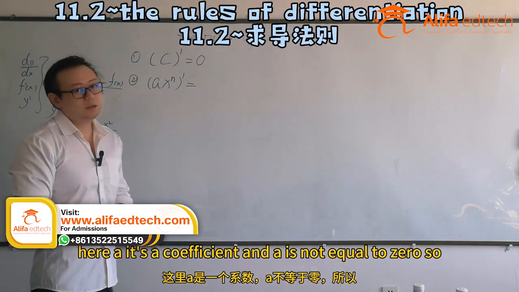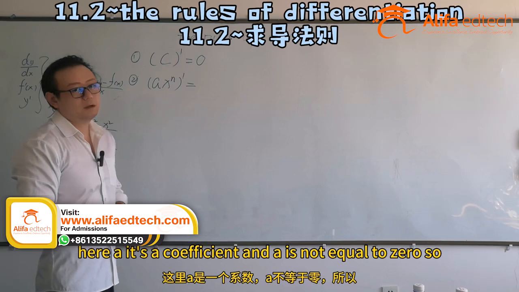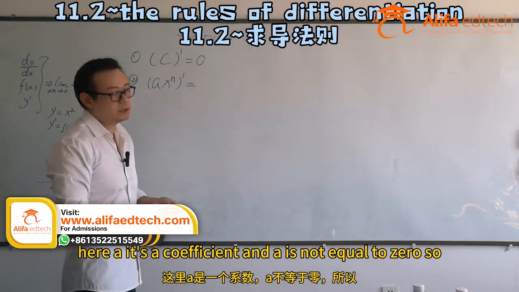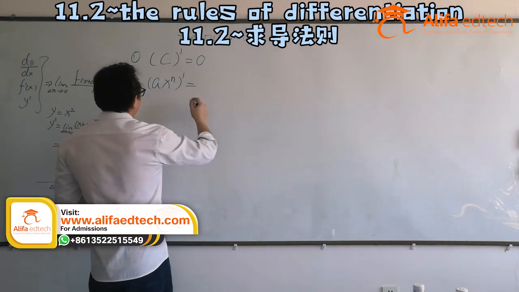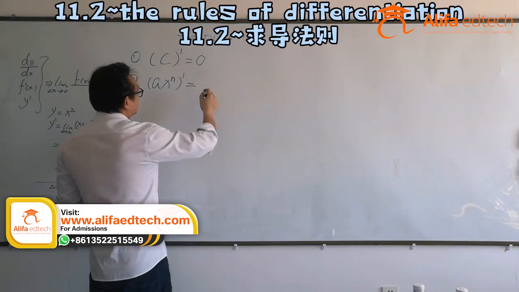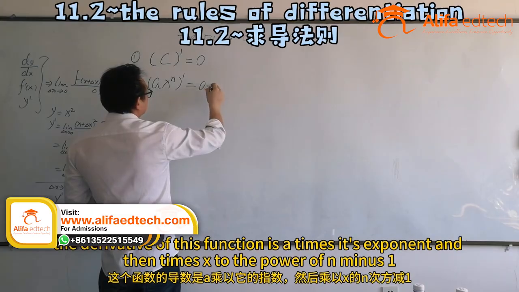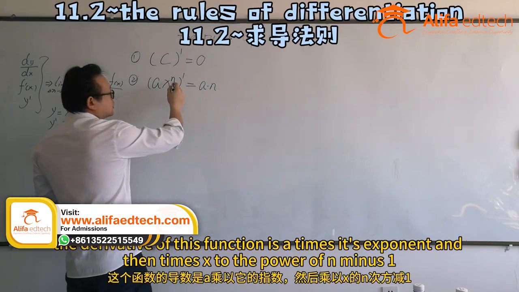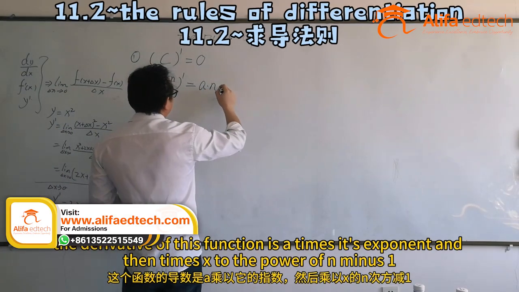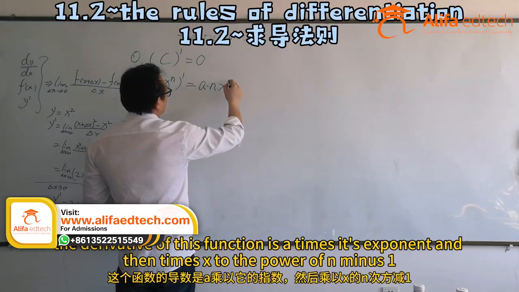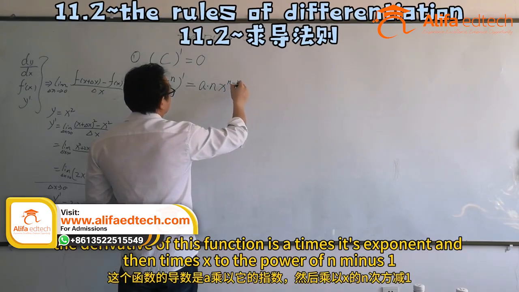Here, a is a coefficient, and a is not equal to 0. So the derivative of this function a x to the power of n is a times its exponent n, and then times x to the power of n minus 1.